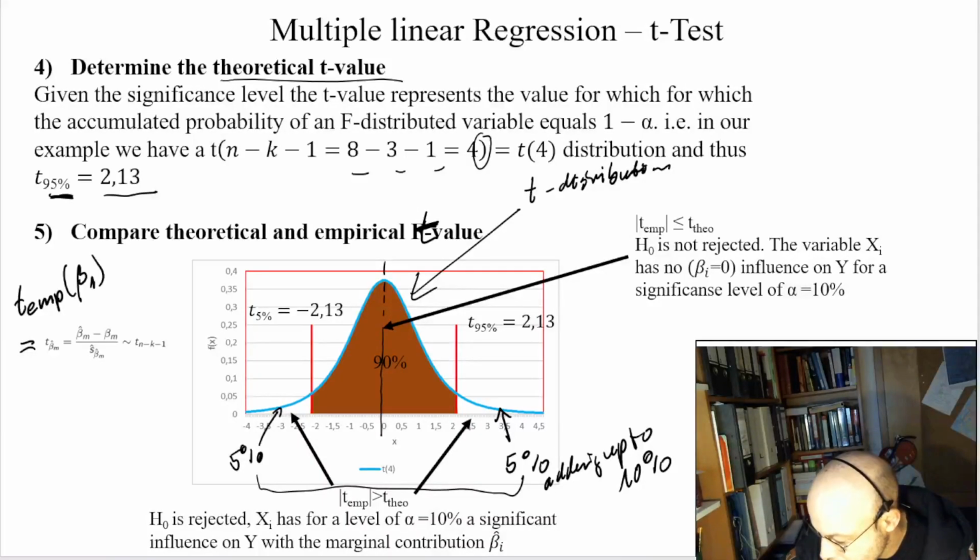Let's write it down here. Beta 1 hat was 1.48.